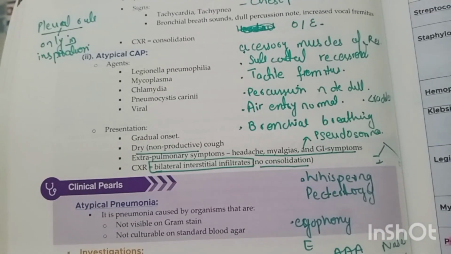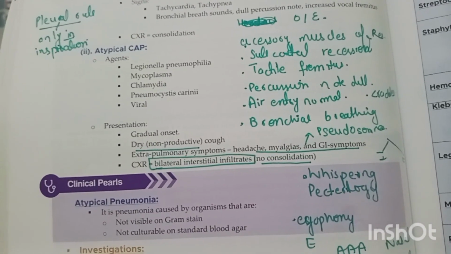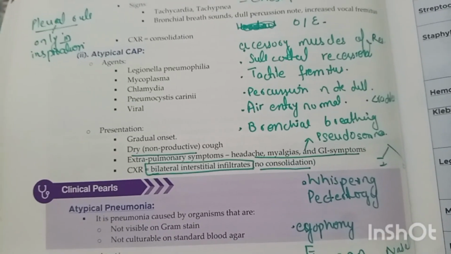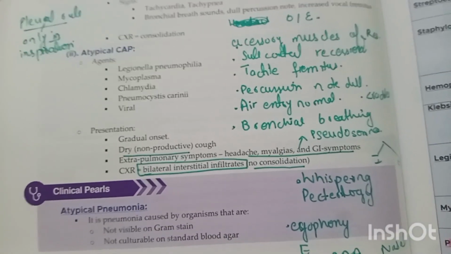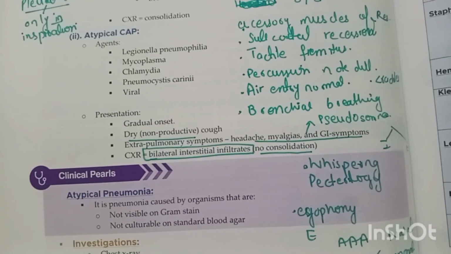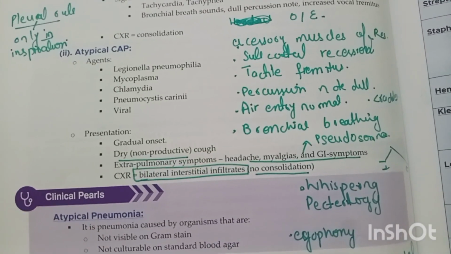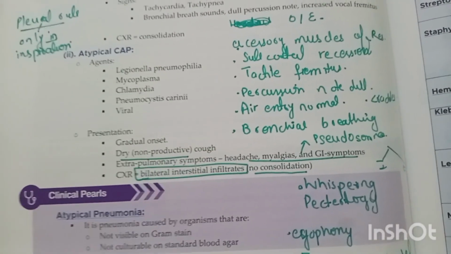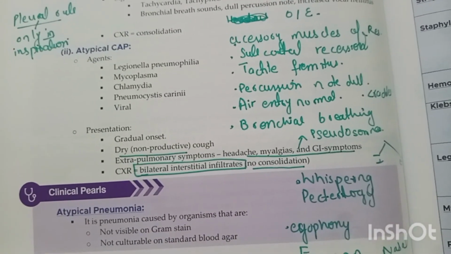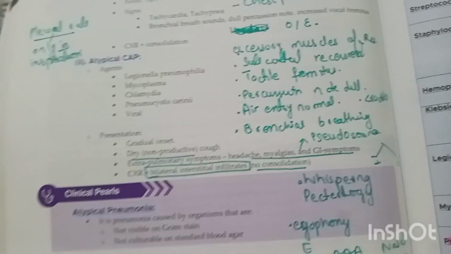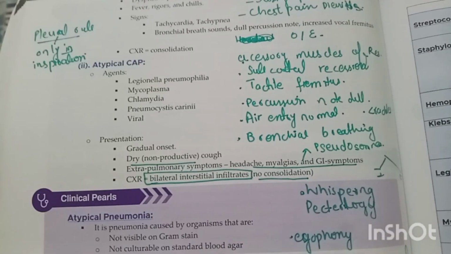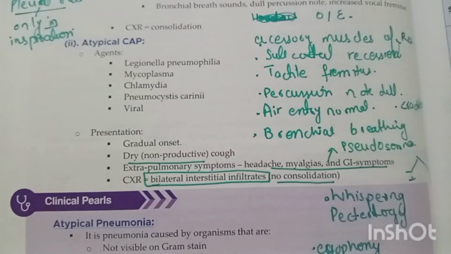If you see bronchial breathing, it means the patient is suffering from pneumonia. You see whispering pectoriloquy and egophony. In whispering pectoriloquy, you can hear words even when the patient whispers, and in egophony you hear E like A, or A like E. Then the patient is suffering from pneumonia.